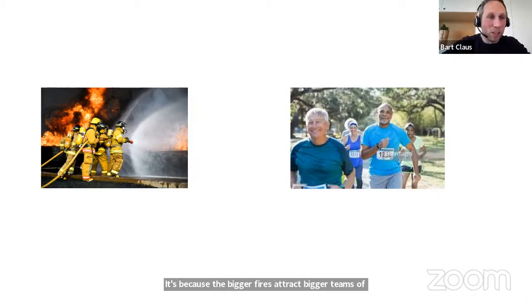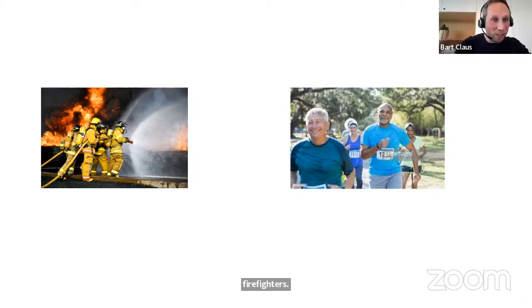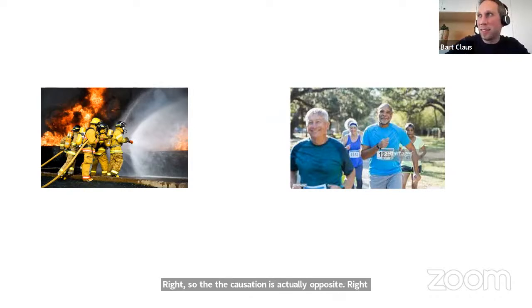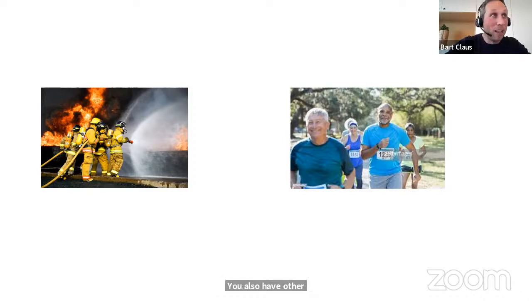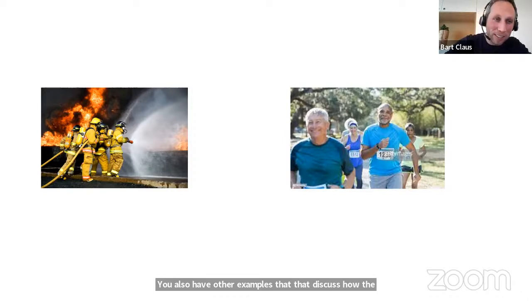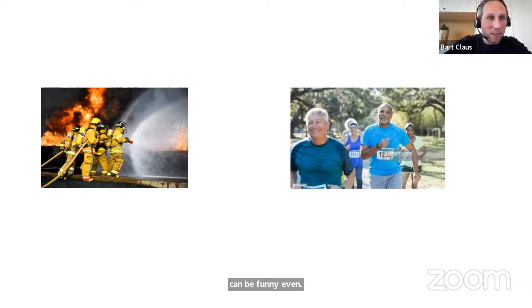So the causation is actually opposite. You also have other examples that discuss how the more policemen you have in a city, the more crime you have. Of course, again, the causation is opposite. When there's more crime in a city, the government is going to send more policemen to that city. So these are obvious examples that can be funny even, but lots of mistakes are made with that.